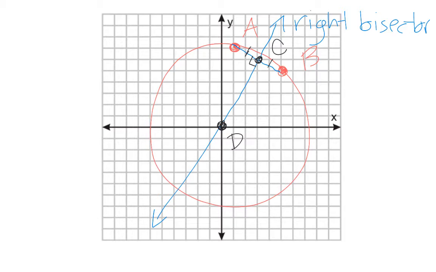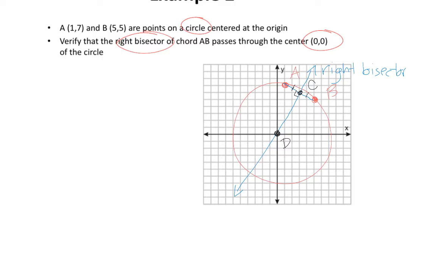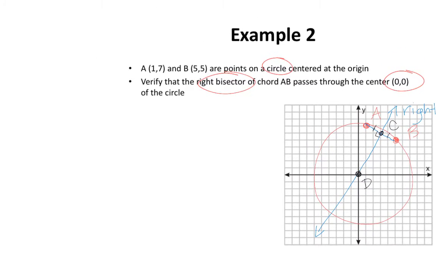Once I have the right bisector equation, I can substitute in any point into this equation and do a left side equals right side check to verify that that point actually exists on that line. I know that sounds like a lot of steps, but let's go through that together. Let's start by finding the slope of AB.